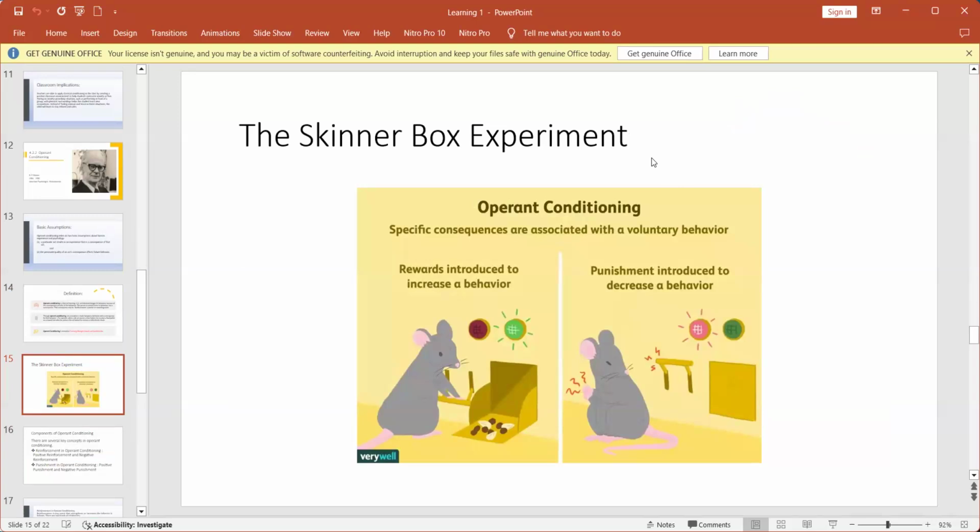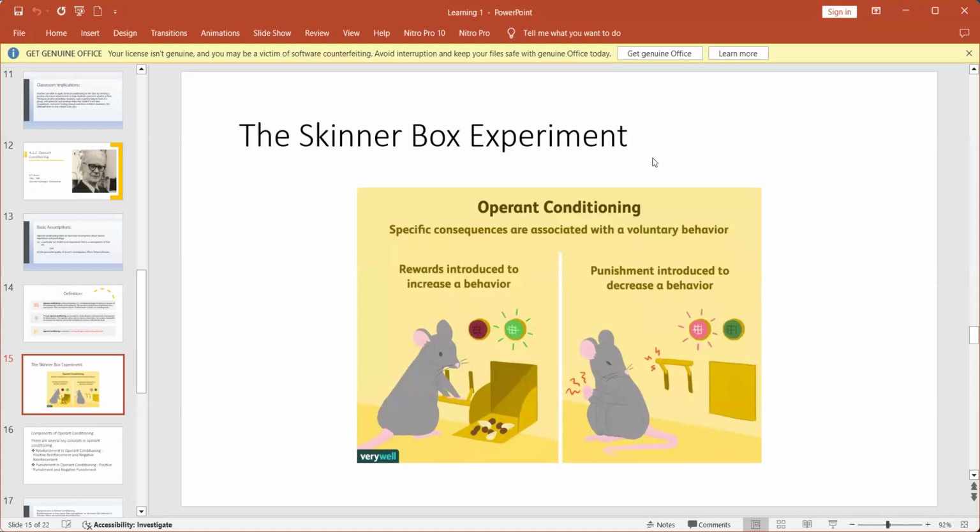This is the experiment done to formulate this theory. In one version, rats were put into a box, and he terms it the Skinner box. He calls it a Skinner box because his name is Skinner, right?